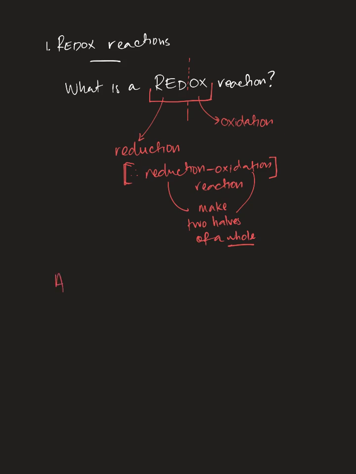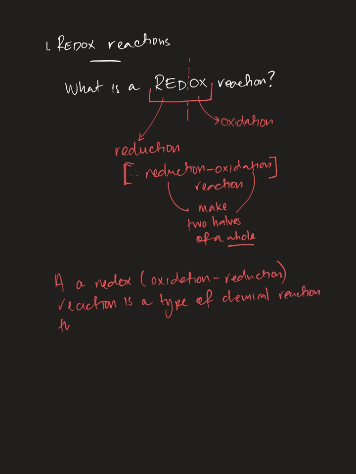So for a definition, we can say a redox or oxidation reduction reaction is a type of chemical reaction that involves a transfer of electrons between two species.